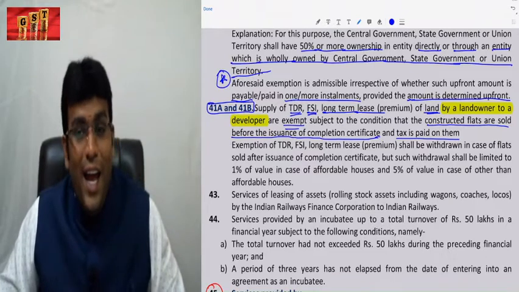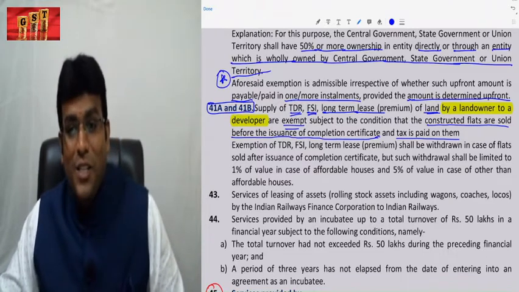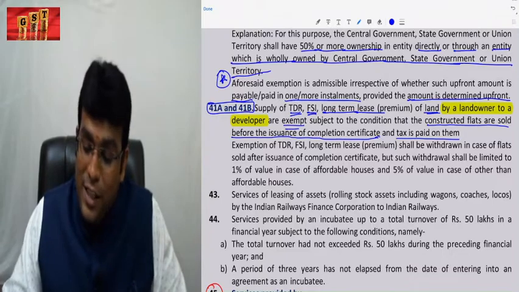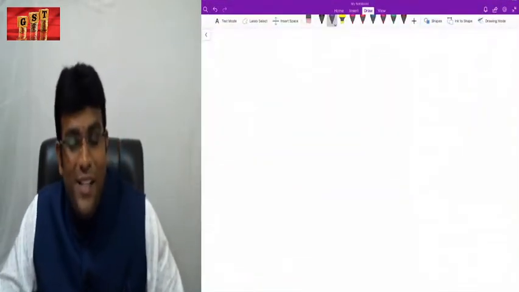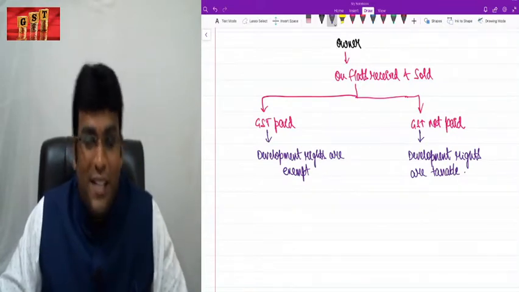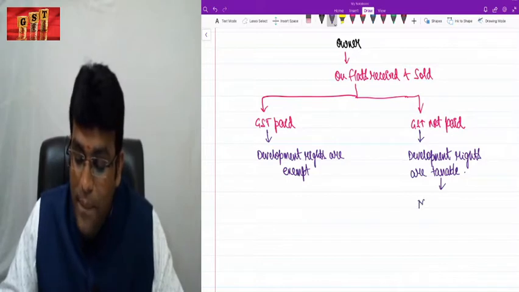Supply of TDR, FSI or long-term lease of land by landlord to a developer are exempt, subject to the condition that constructed flats are sold before issuance of completion certificate and tax is paid on them. Clear, my dear friends? So you have to observe that on flat, if GST is paid, development rights are exempt. On flat, if GST is not paid, development rights are taxable.